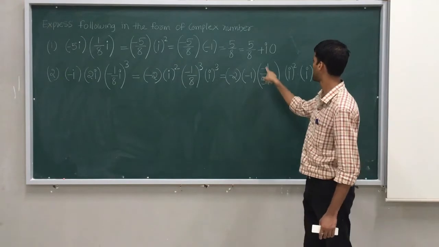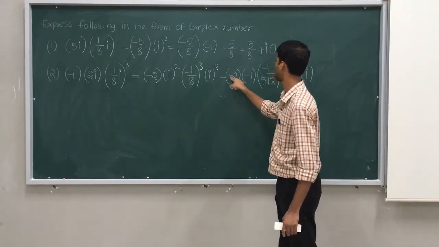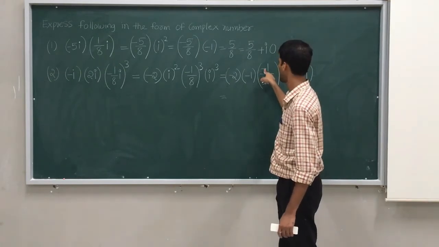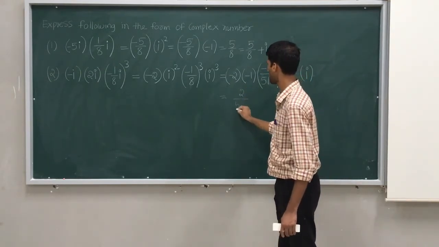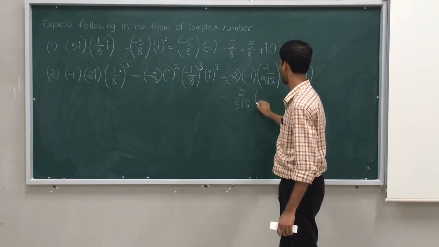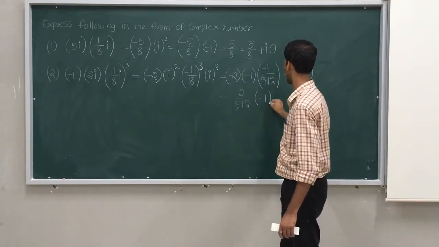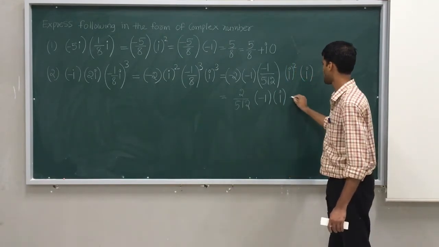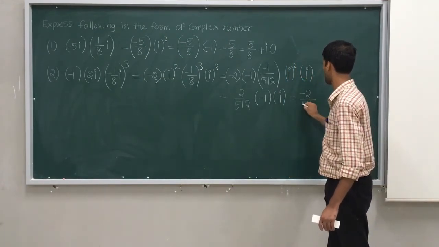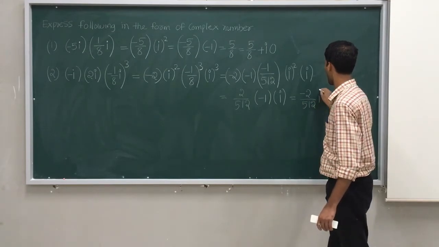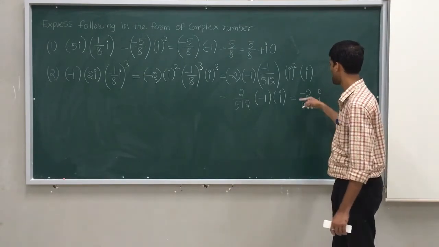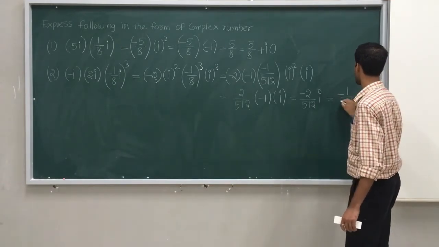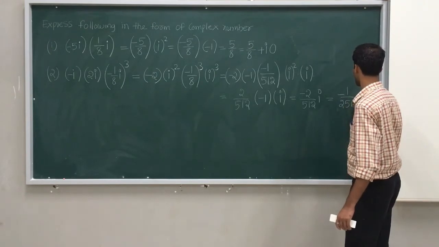Minus minus is plus, plus into minus is minus. It is 2 divided by 512 into i square, which is minus 1, into i. When you simplify, it is minus 2 by 512 i. 2 ones are 256, so it is minus 1 divided by 256 times i.